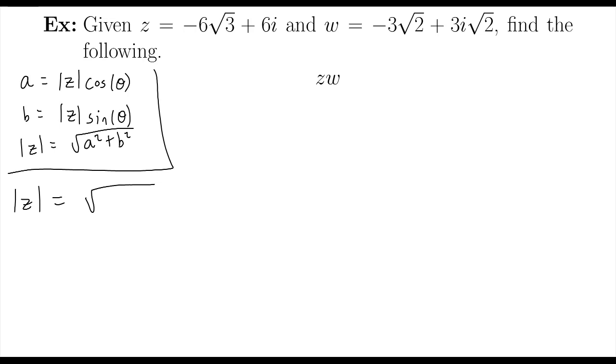Well, a is negative 6 square root of 3, and b is 6. So negative 6 square root of 3, well, the 6 squared is 36. The square root of 3 squared is 3. 6 squared is 36.